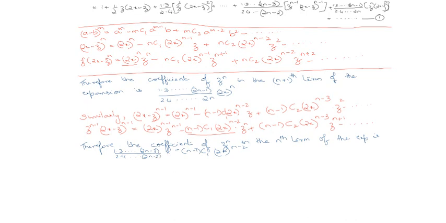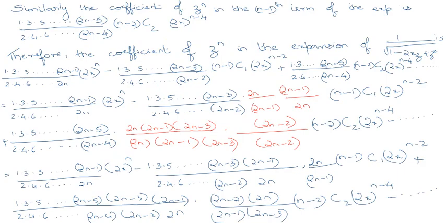So for the n minus 1 term, this term will be 1 into 3 into etc. to n minus 5 divided by 2 into 4 into etc. to n minus 4. Then the third term will be positive, and this will be n minus 2 c 2 2x raised to n minus 4.